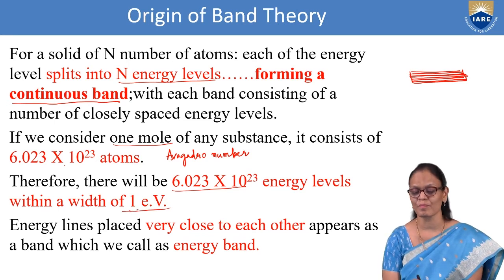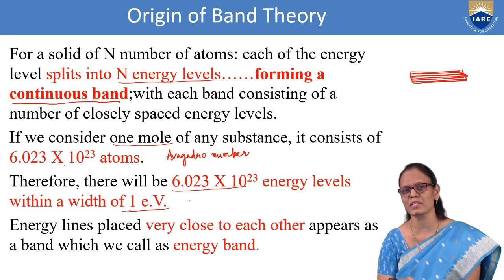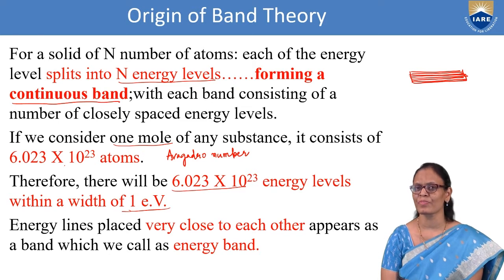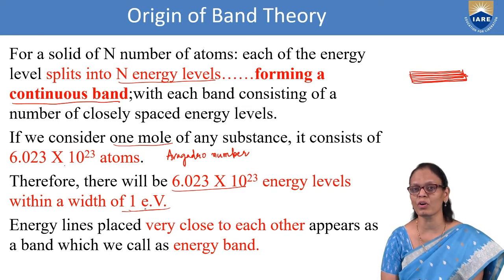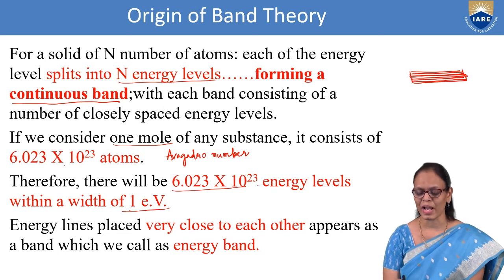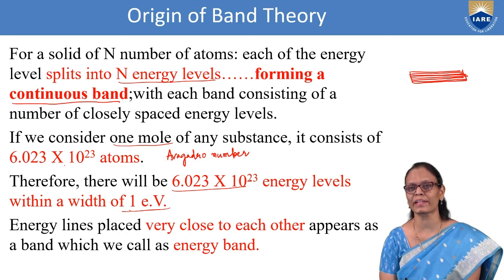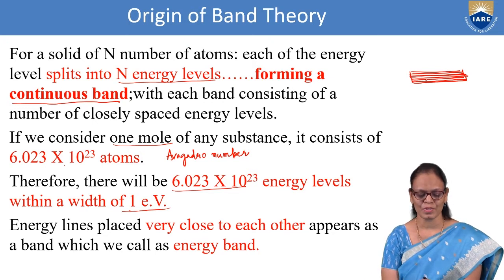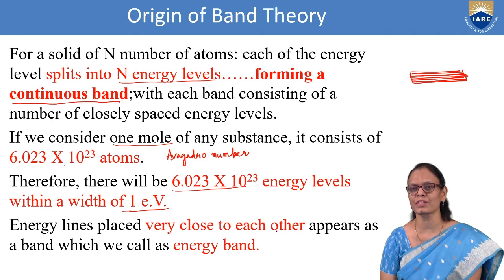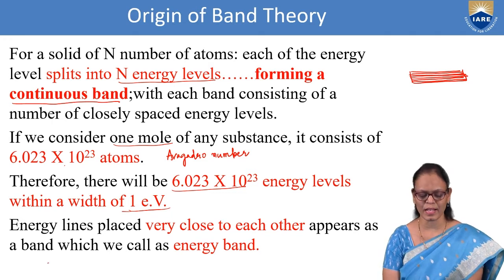Because I said the differences between them are very small, they are varying by very small energies. So within a width of 1 electron volt, I will accommodate 10 power 23 energy levels. So they look like a band. These energy lines placed very close to each other appear as a band, which we call an energy band.